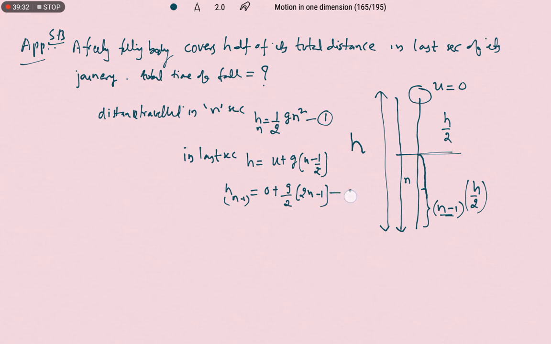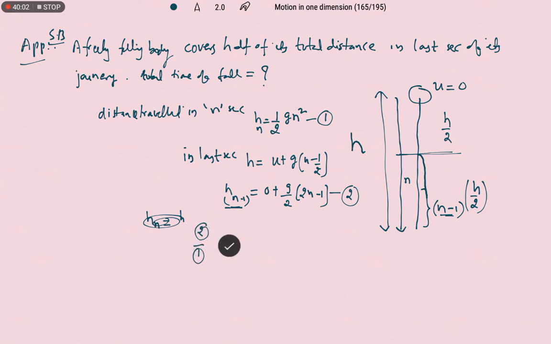But what is the condition given? The distance travelled in n seconds, compared with the distance travelled in n minus 1, is equal to h by 2. Then what will be the time of fall they are asking? So h we have, h is h itself. So let us divide equation number 2 by 1.